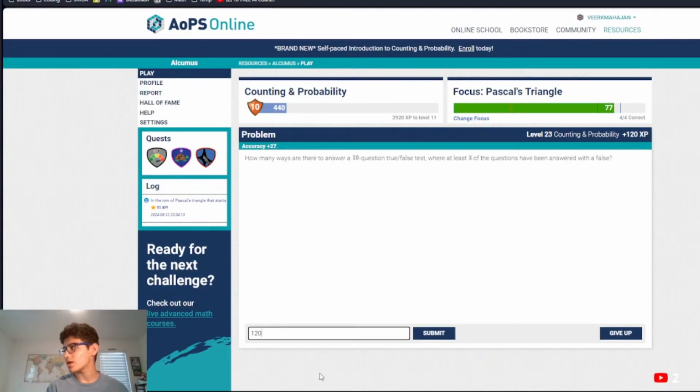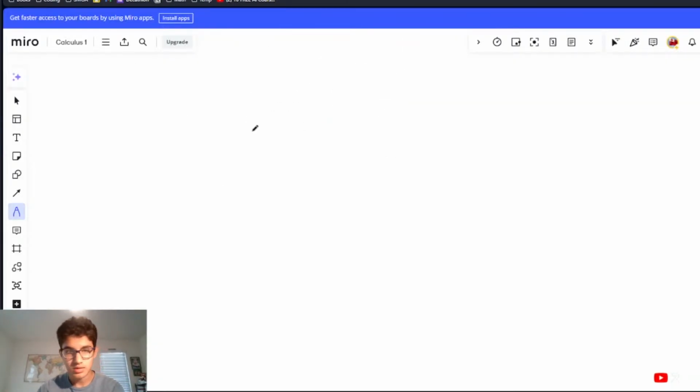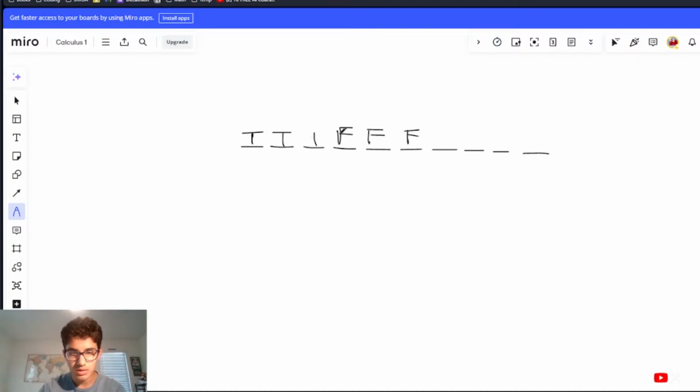But at the same time, there's so many different combinations, right? The 10 choose 3 and then that. There are a lot of different things you could get. Let me go back here. If I said this is false, this is false, this is false, and then the rest were true, true, true, true, true, false, false.